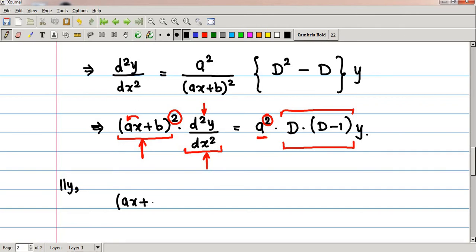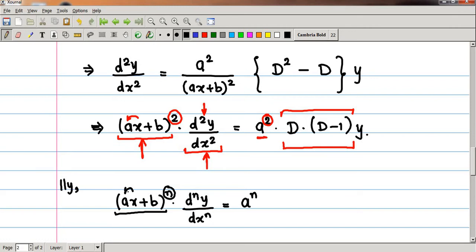If our factor is (ax plus b) raised to n into the nth order derivative of y with respect to x, then since this factor is taken n times, we start with a raised to n, where a is the coefficient of x, into, now we count the order of derivative, it is n, so we start with D minus 0, D minus 1, D minus 2 and so on, up to D minus (n minus 1).